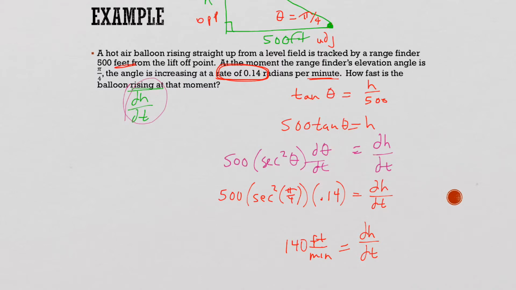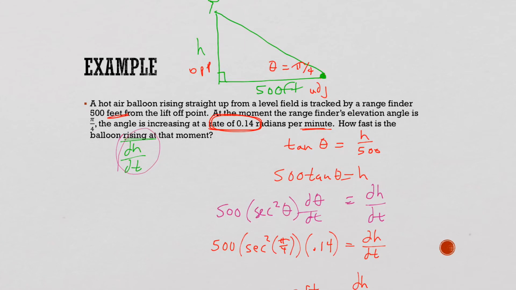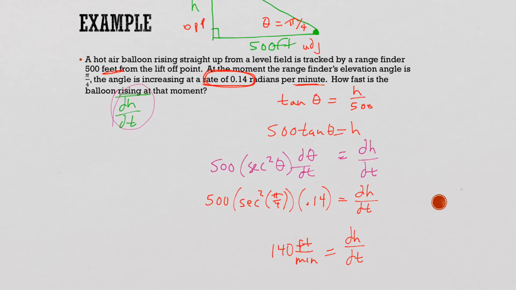So, if we take a big general look at this, first thing we did was we drew a picture to get an idea of what was happening. Once we drew that picture, we used our picture to come up with an equation. Once we had our equation, we found the derivative. We did implicit differentiation so we could find the derivative for both variables in place.